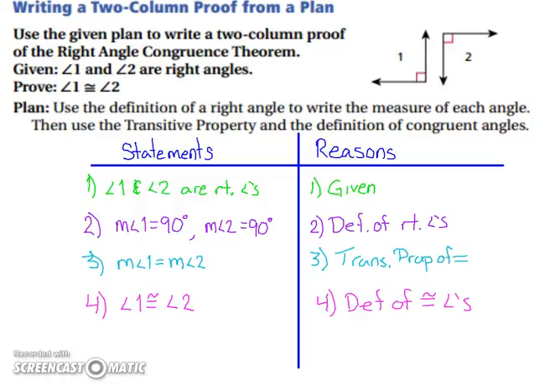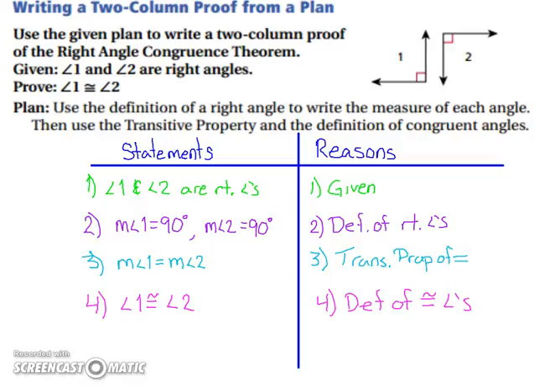So our statements and our reasons. We start with our given, so angle 1 and angle 2 are right angles. And then from there we go to step 2. Because of the definition of right angles, we're allowed to say that the measure of angle 1 equals 90 and the measure of angle 2 equals 90.